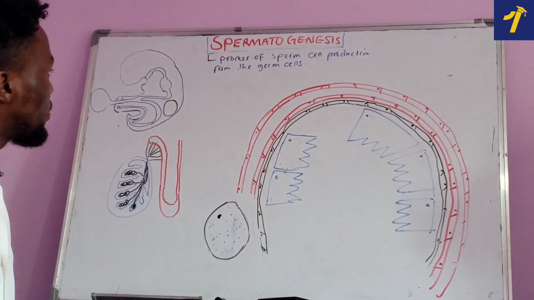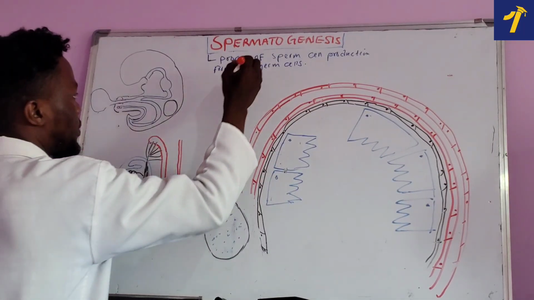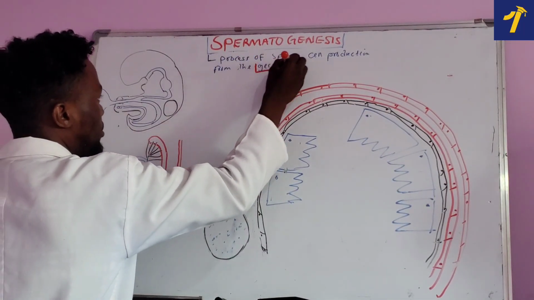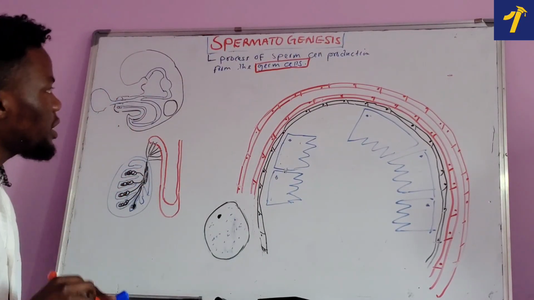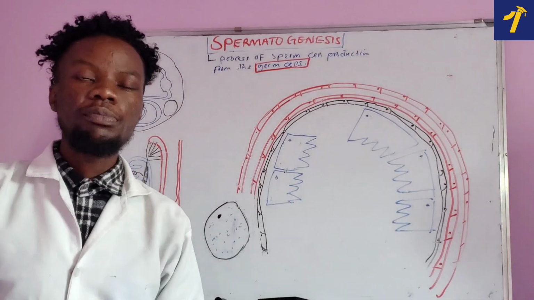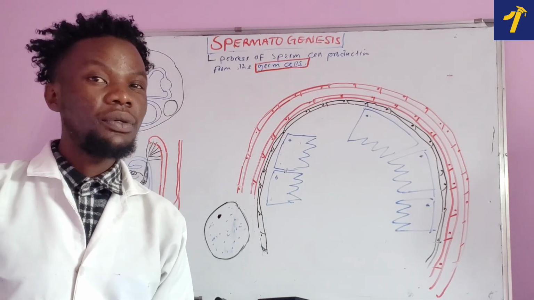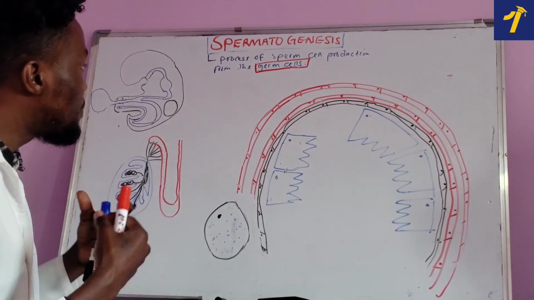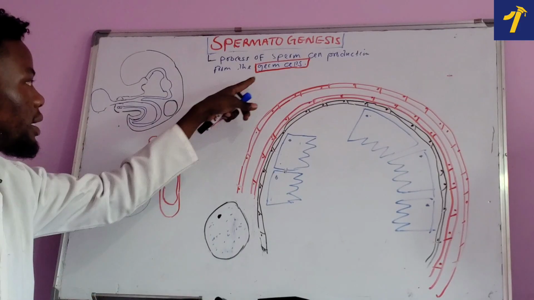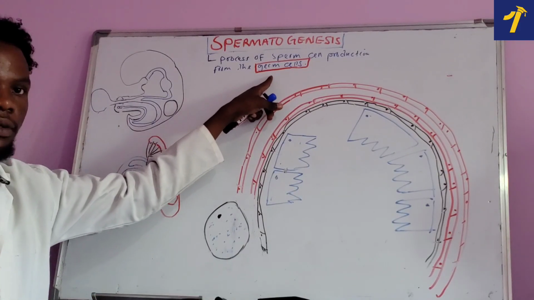So what are these terminology that we're talking about? Germ cells. I like this one because it will help us to understand something. The process of sperm cell production is what we call spermatogenesis. Now, this sperm cell production, basically they come from what we call germ cells.